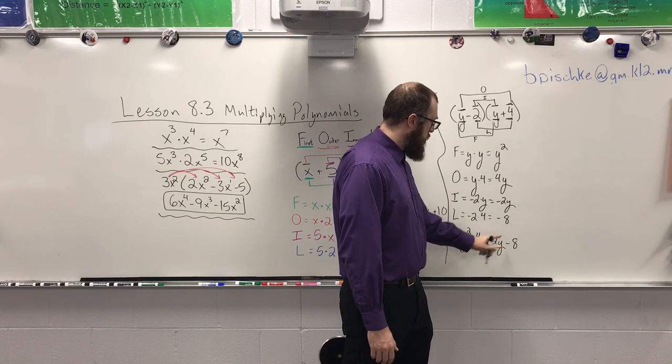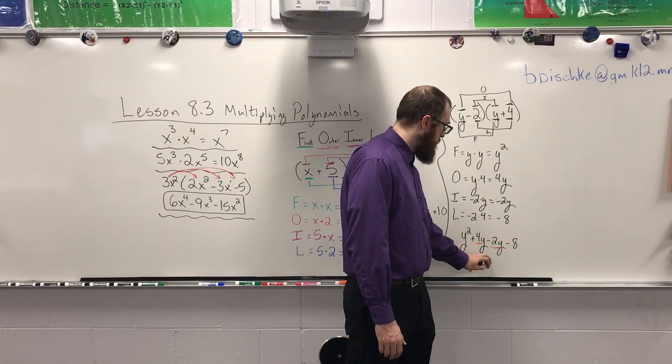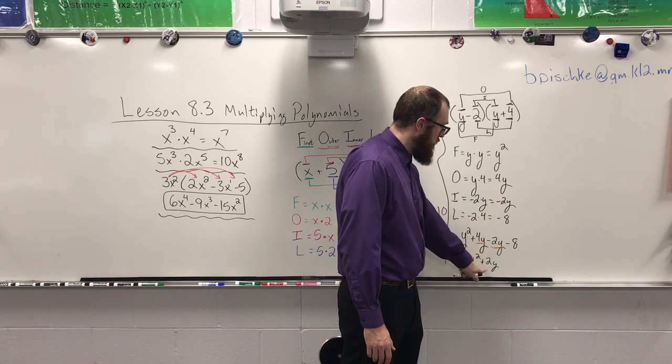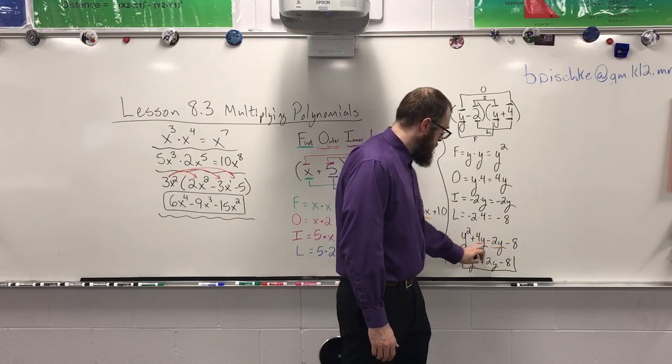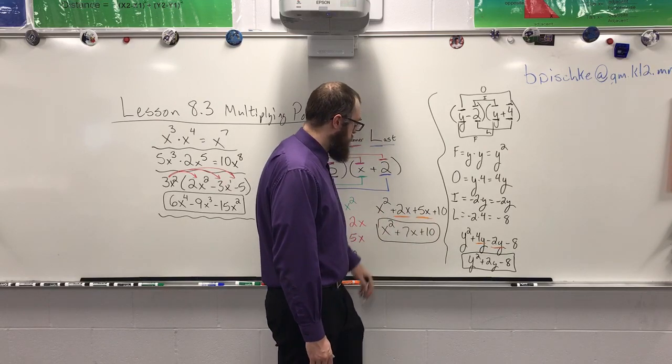Y squared plus 4y minus 2y minus 8 ends up being y squared plus 2y minus 8, because 4 plus negative 2 is 2. And that solution is finished.